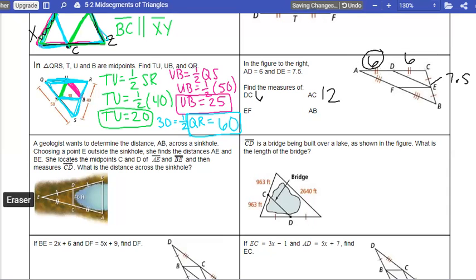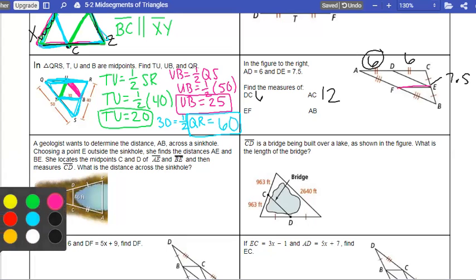So now it's asking for EF and AB. EF, we just learned this. EF is parallel to what side? It's parallel to AC. So remember that is half as long now. So EF equals 1/2 of AC. You're going to figure that one out. And then AB.